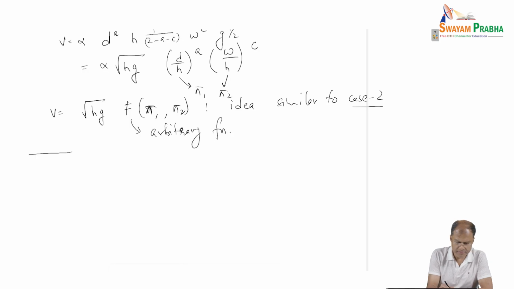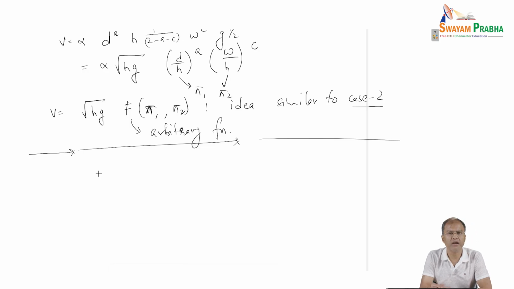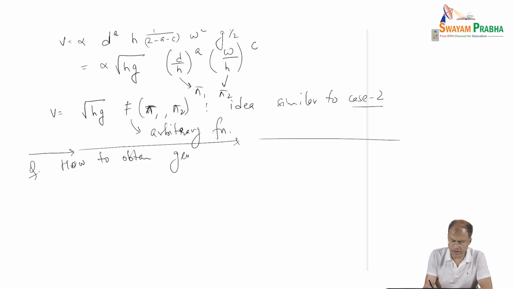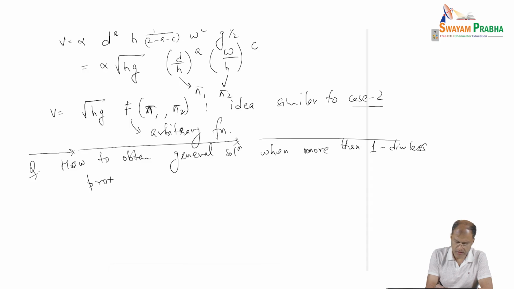Okay, so then the question is how to really obtain the general solution when we have more than one dimensionless group, when more than one dimensionless product is involved.